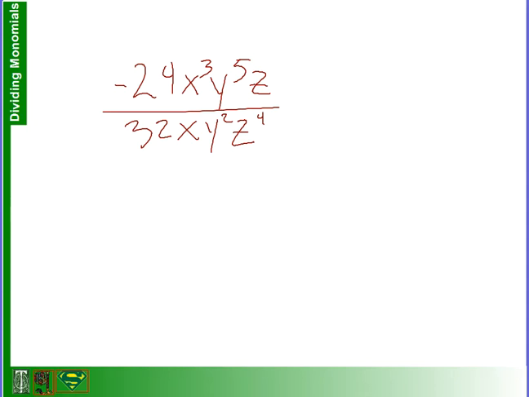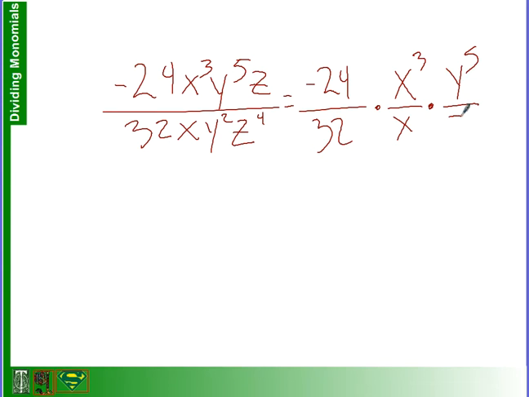Molly. Okay, so I split it apart into negative 24 over 32 times x to the third over x times y to the fifth over y squared times z over z to the fourth. You said that faster than I can write, so I'm sorry about that.